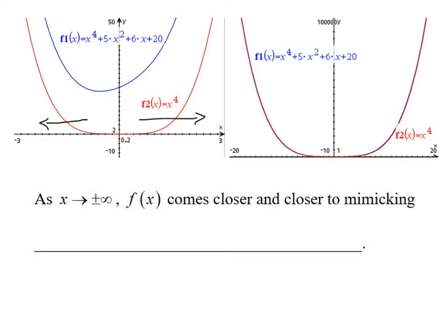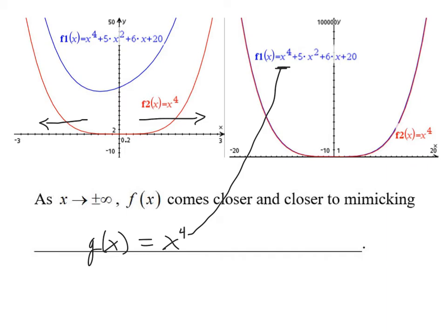And in both cases, whether we're heading to the left or the right, we can see over here that f of x comes closer and closer to mimicking g of x, which equals x to the fourth.